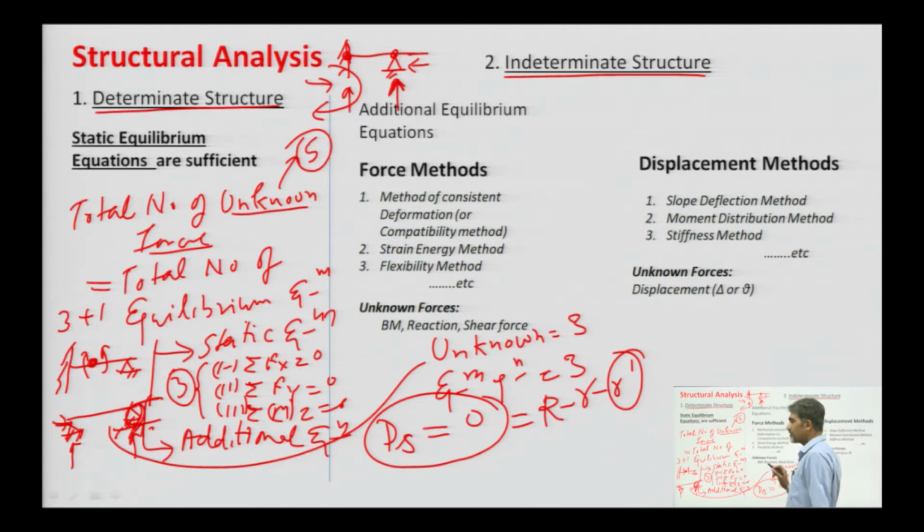So, if static indeterminacy Ds is equal to 0, then the structure can be analyzed only with the help of equilibrium equations. Static equilibrium equations are sufficient to find everything. Every member force can be calculated.